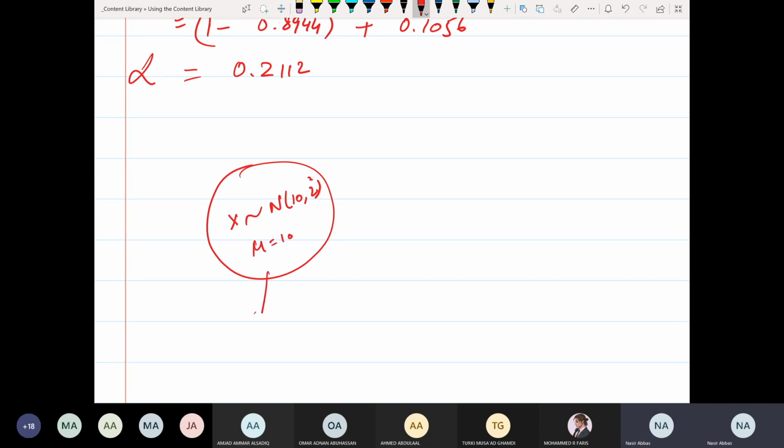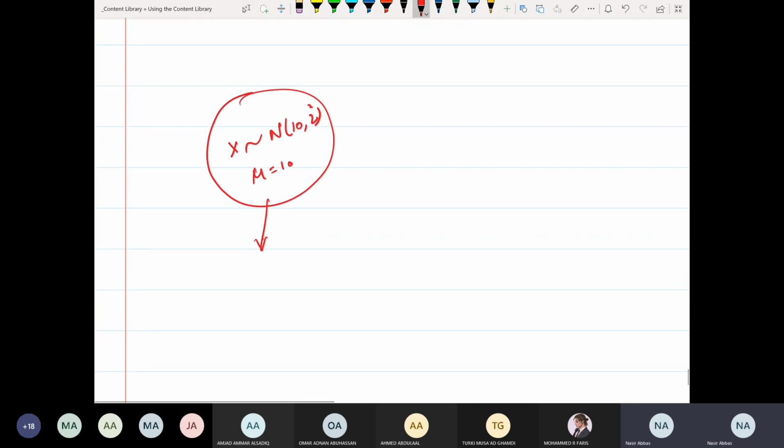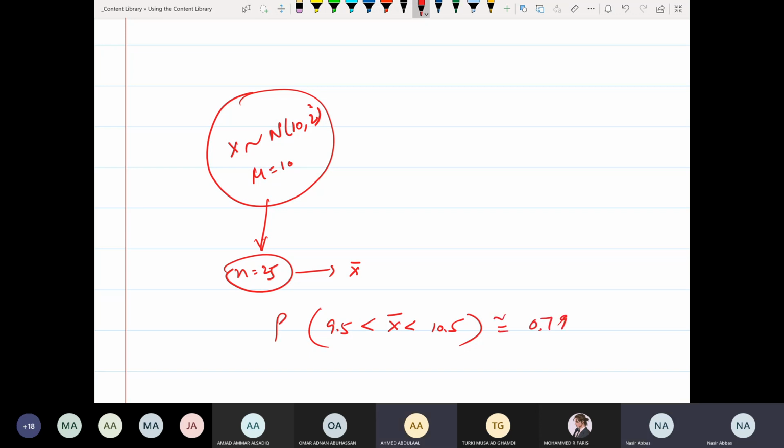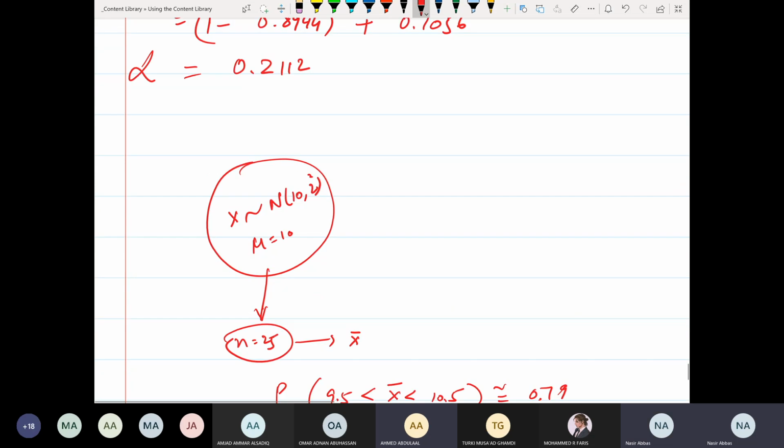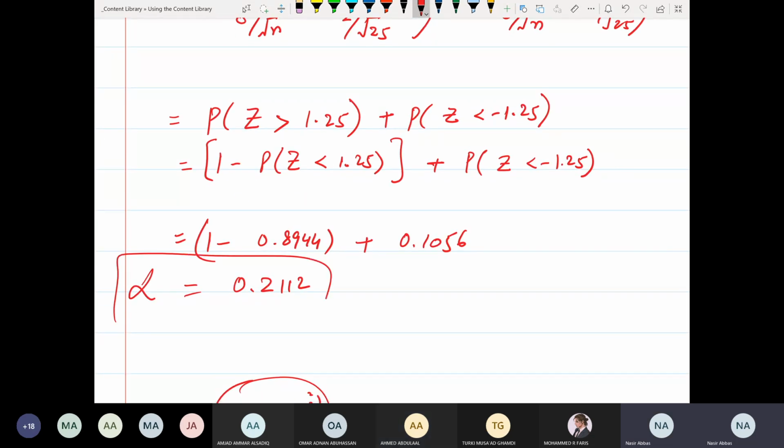And you generate 25 values from this population, and you calculate X bar from those 25 values. I said 79% of the times your X bar will be within 9.5 and 10.5. How do we know that number? This 79% is the complement of this alpha, that's 1 minus alpha.